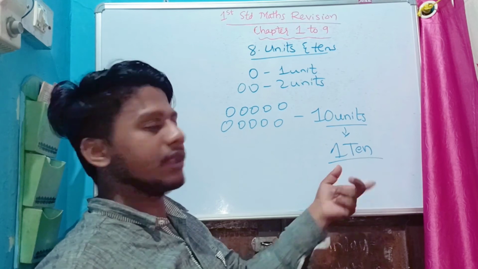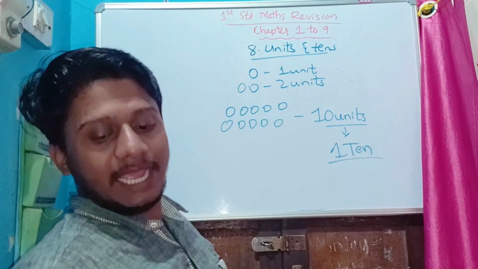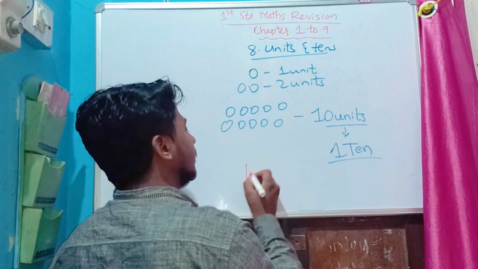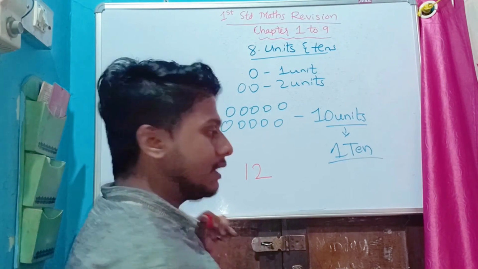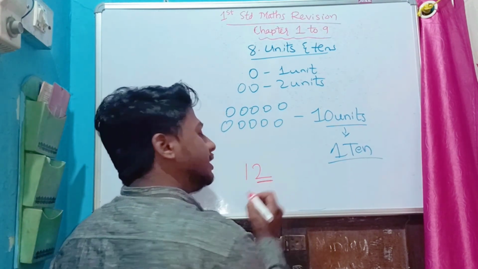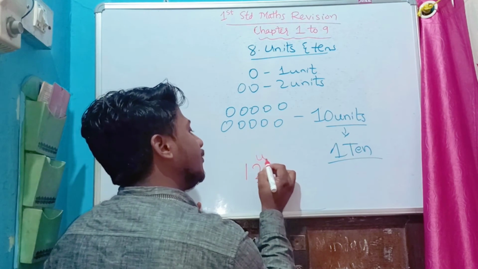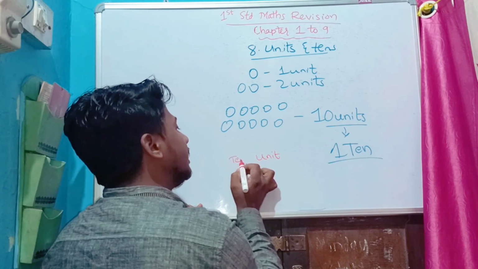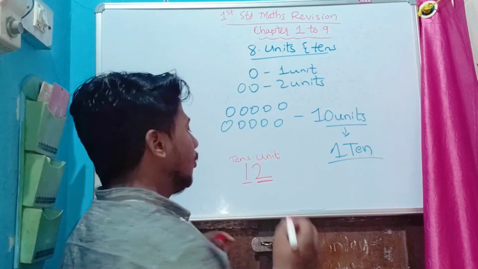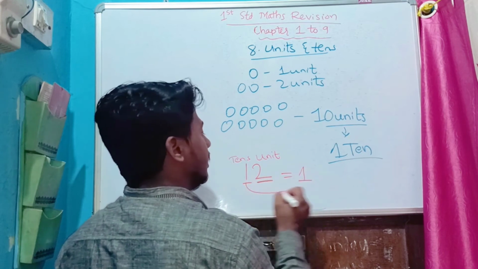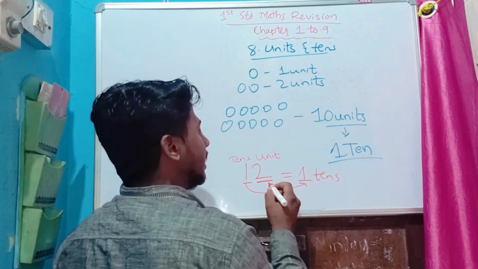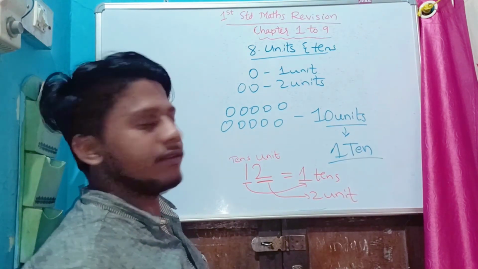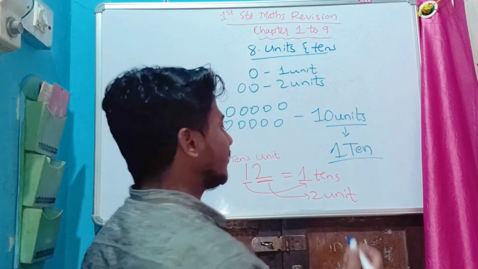Clear with that? Okay, consider an example here, like the number 12. Here the digit 2 represents the number of units and the 1 represents the number of tens. Clear with that? What it means, it is having 1 ten and it is having 2 units. Yes, 1 ten means how many units? 10 units.